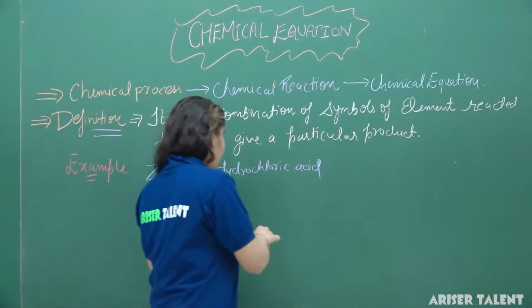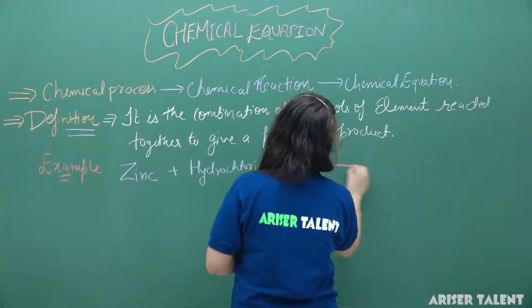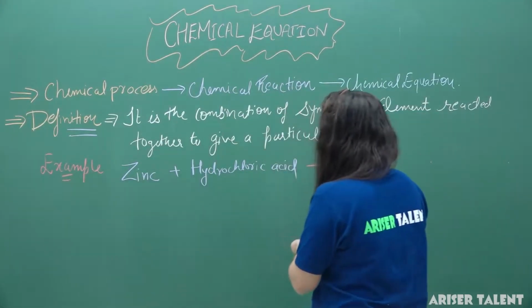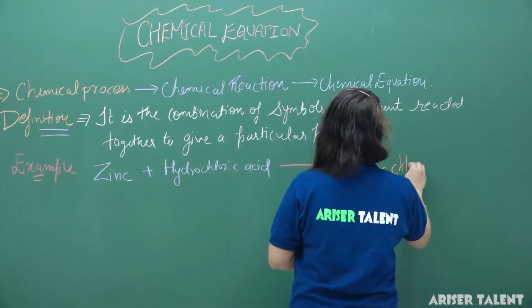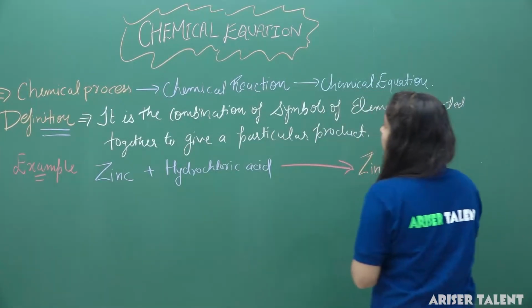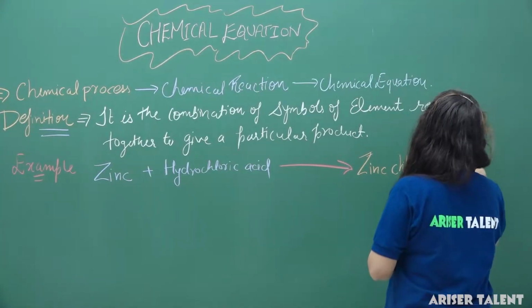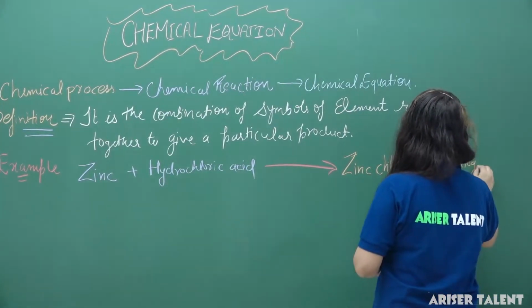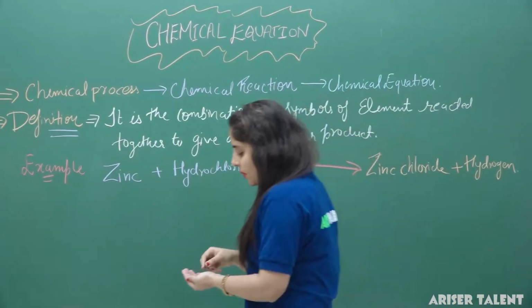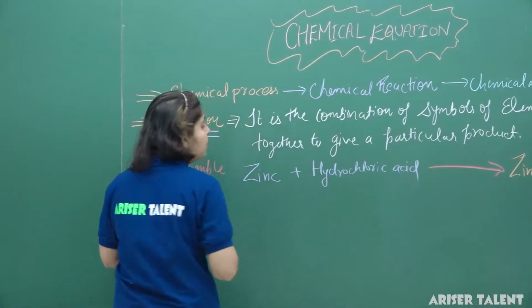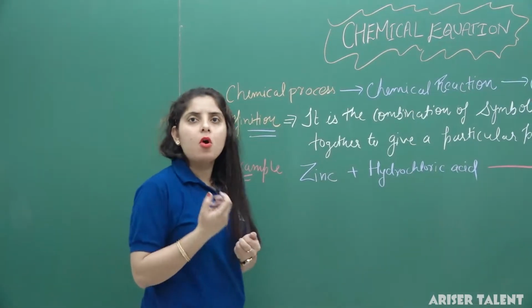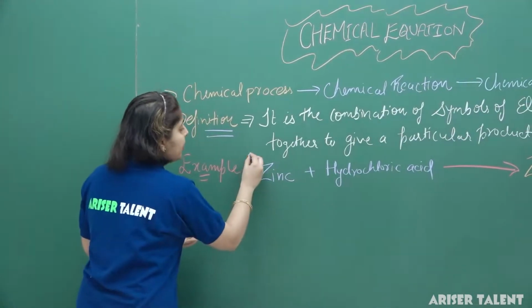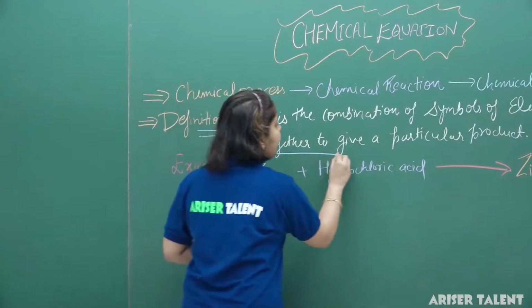After zinc is reacted with hydrochloric acid, we will get zinc chloride, and hydrogen gas is liberated in this reaction. So it is the chemical equation which is used to represent any formula in the symbolic form or the sentence form. This is an example of a chemical equation.